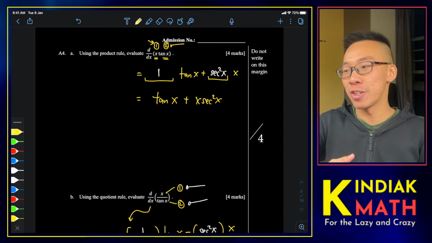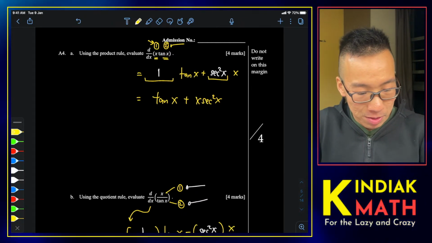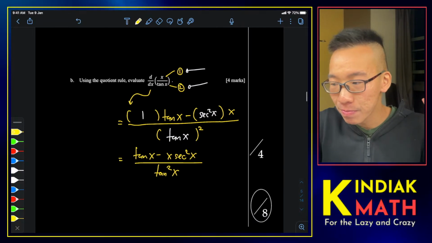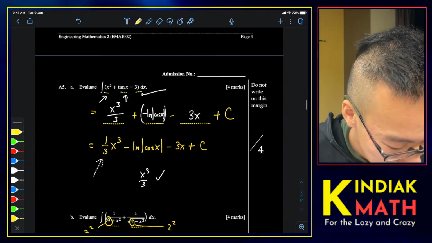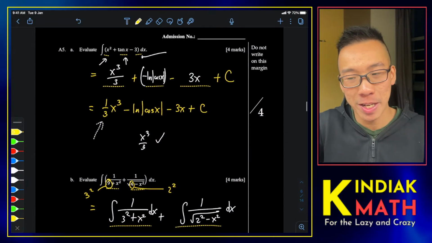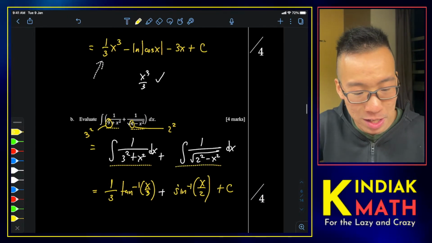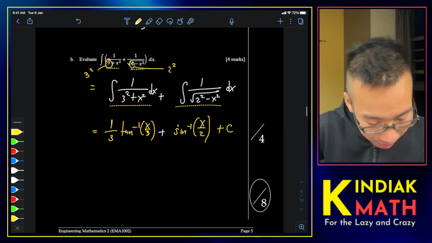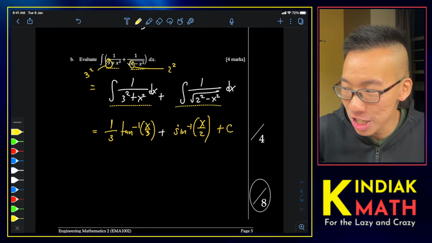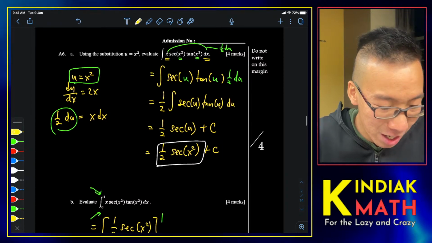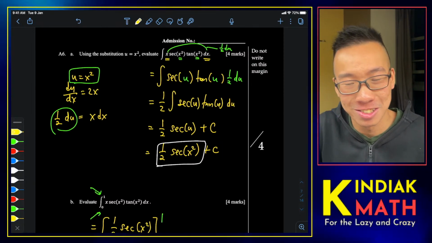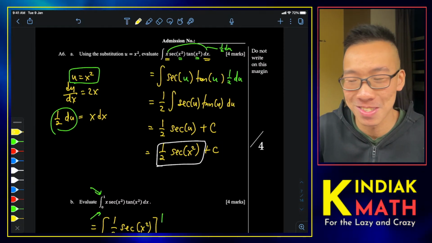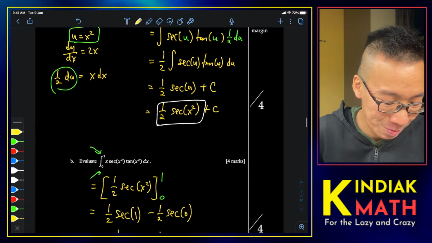For the product rule, differentiate piece by piece. And likewise with the quotient rule. For integration, split it up and recall some of your standard results from what you've learned in integration. And use substitutions whenever you need to. We used many substitutions in this discussion.